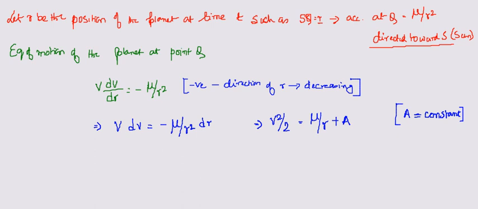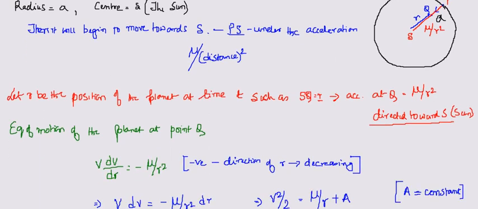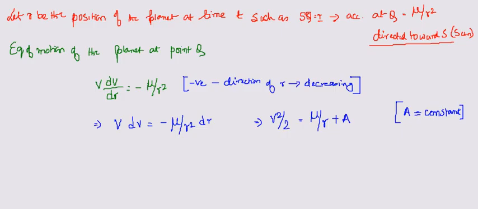Now at point P, we have SP equal to a, that is the radius, and v equal to 0. Why is v equal to 0? The planet begins to move along PS with 0 velocity at P, because it is suddenly stopped over there.